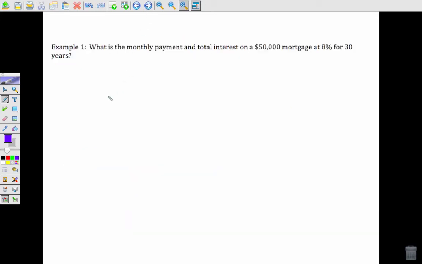Okay, here's our first example. What is the monthly payment and total interest on a $50,000 mortgage at 8% for 30 years? So we're going to find the monthly payment first, and then we'll come back and find total interest. In order for me to find my monthly payment, I need to figure out how many thousands I'm borrowing. So 50,000 divided by 1,000 is 50.